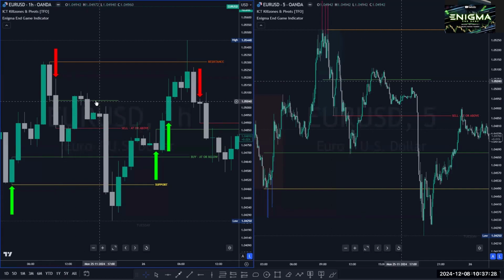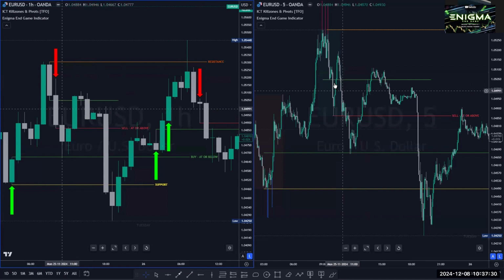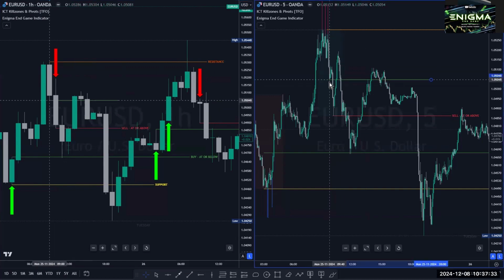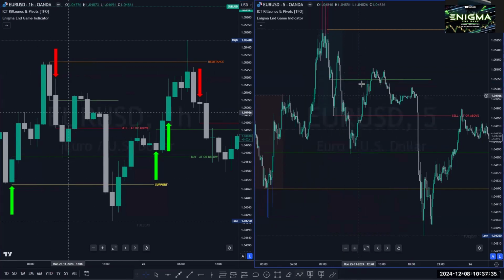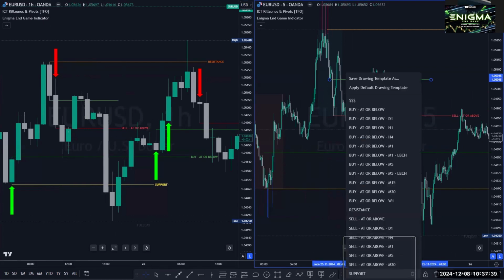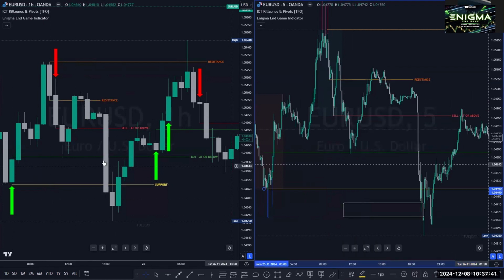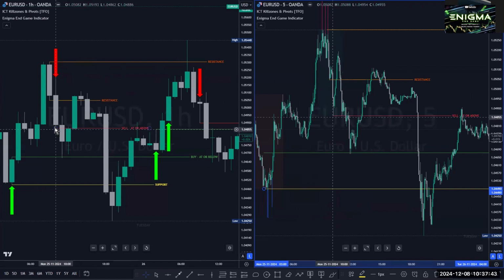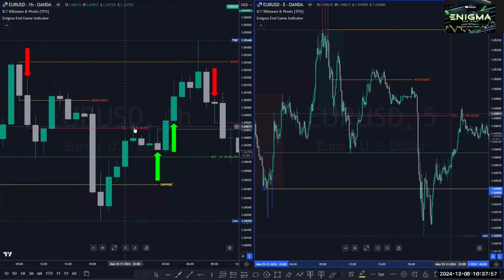And then we are also going to identify higher levels of support and resistance based on mainstream and Enigma, right? And when we identify this, because we already have a shift in market structure and a signal, if the market reacts here, we are going to use this level as a sell opportunity so that we can sell above this price. So that is what selling above means.